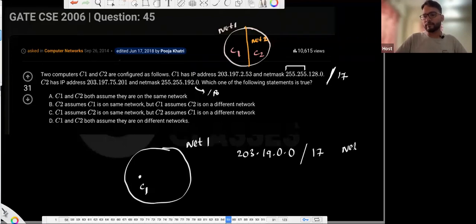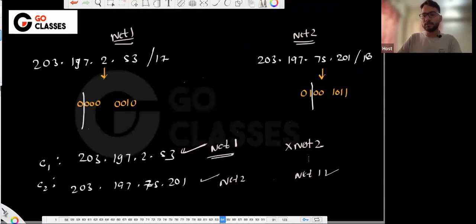This is your network 1. There is some other network like this. This is 10, which means 2 power 6, so it should be 64.